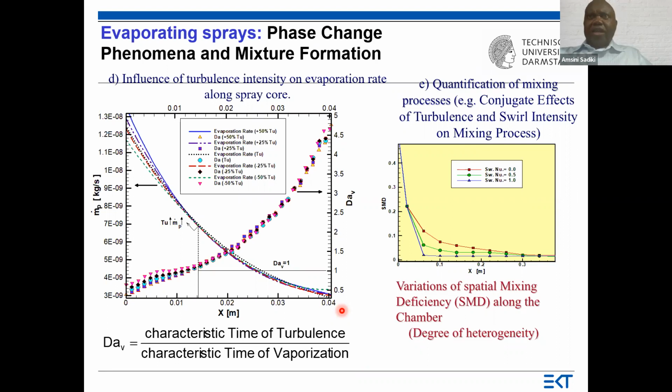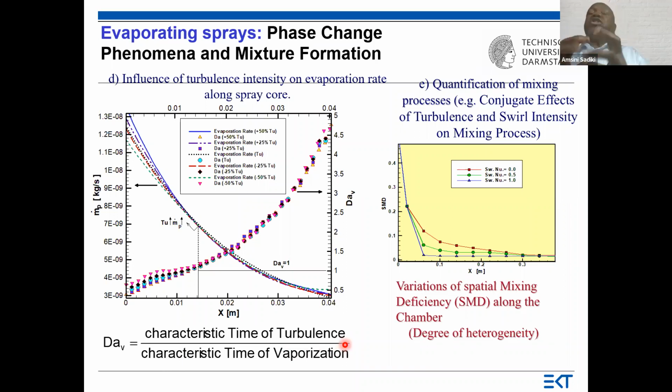By looking at this with care, we have the idea to introduce the so-called Damköhler number for the evaporation. There exists a Damköhler number for the turbulence and for the combustion. And here we define this Damköhler number for the evaporation.